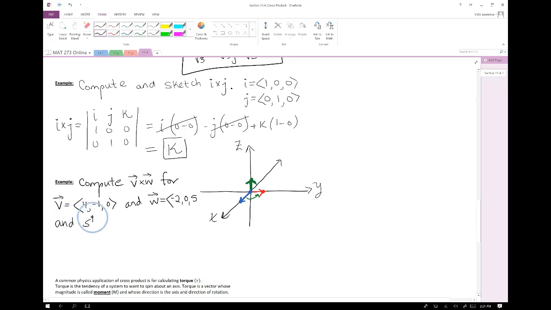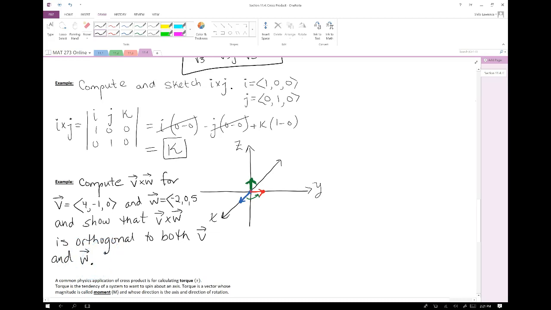And we're going to show that V cross W is orthogonal to both V and W.